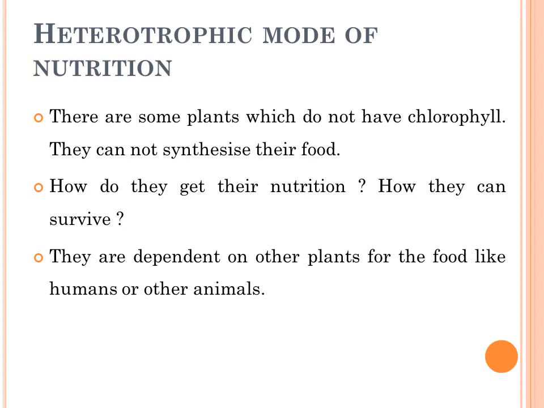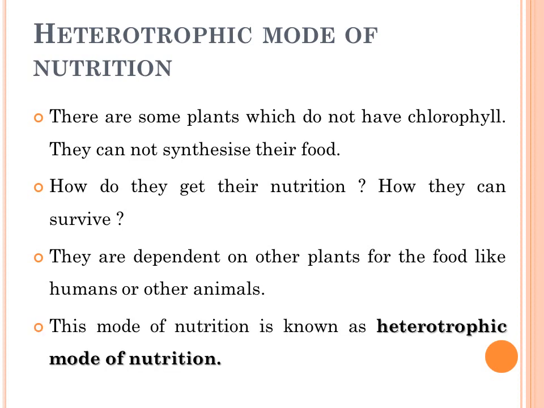If we are vegetarian, then we are dependent on plants. If we are non-vegetarian, then we are dependent on animals. Likewise, these heterotrophic plants are also dependent on other plants for food. This mode of nutrition is known as heterotrophic mode of nutrition.